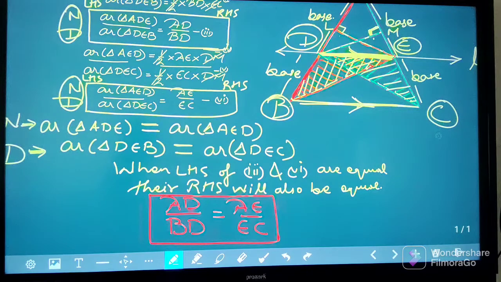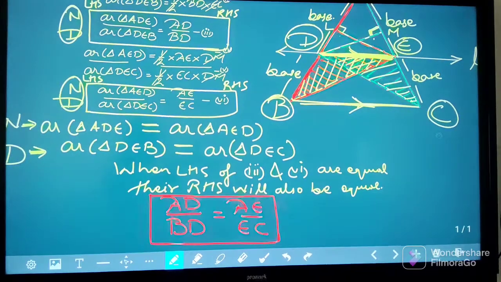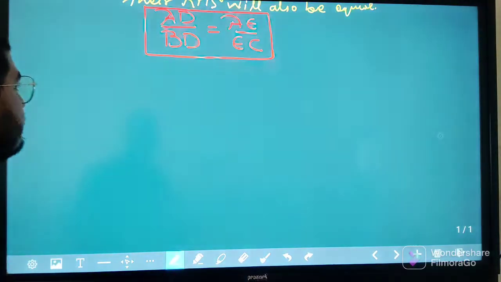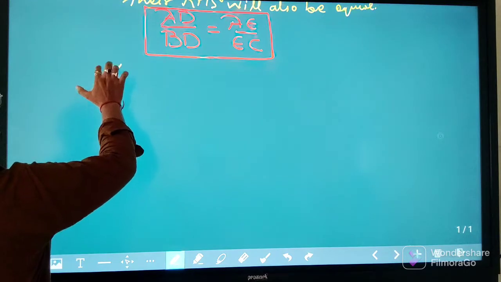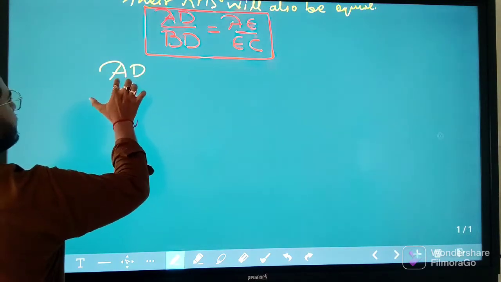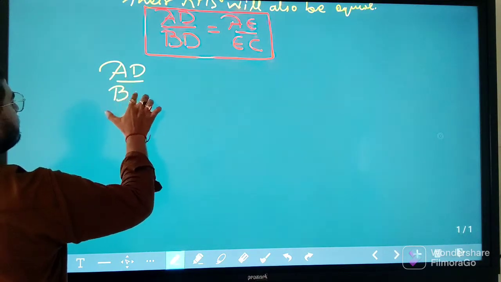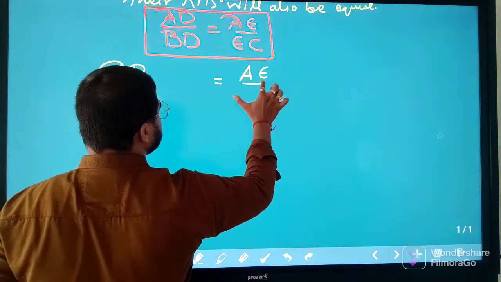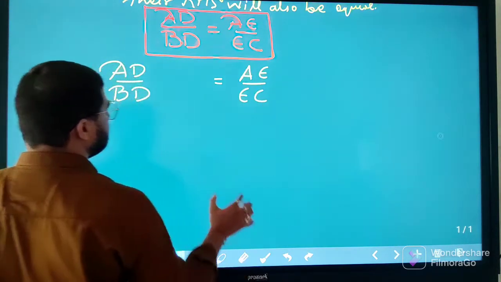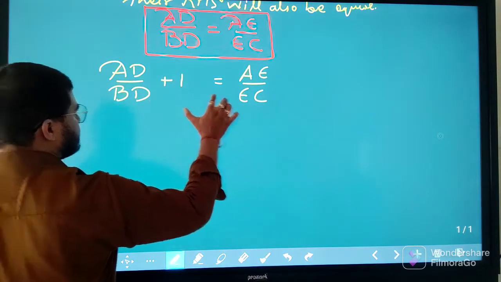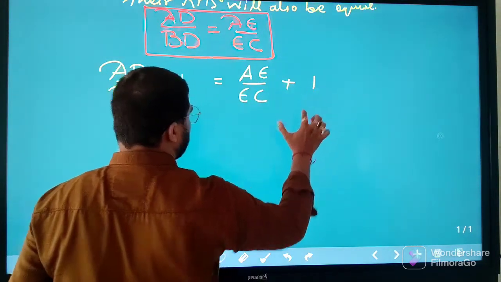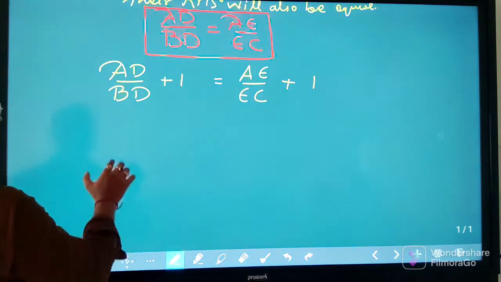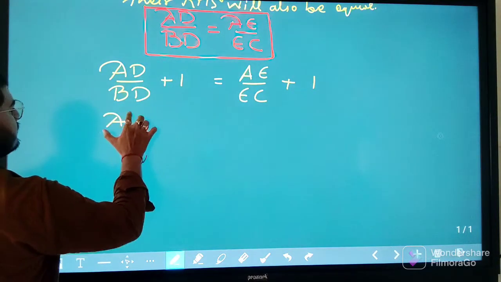Now there are some results associated with the Thales theorem. Some more results can be drawn out of it. Let us see them. We can say that AD upon BD is equal to AE upon EC. Am I right? Add 1 to both sides.